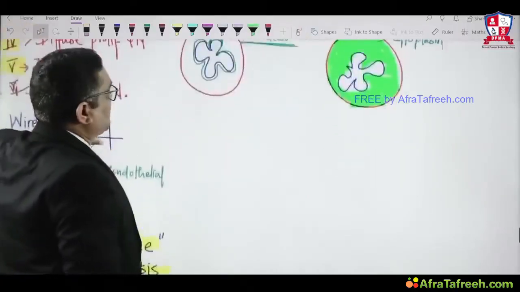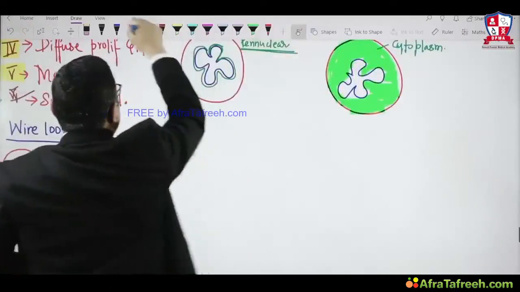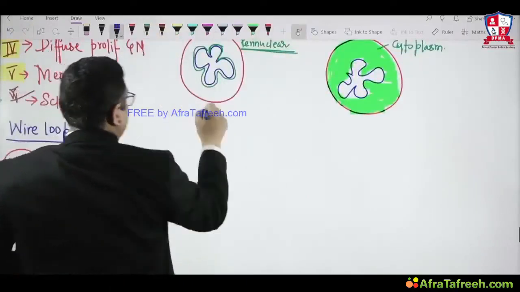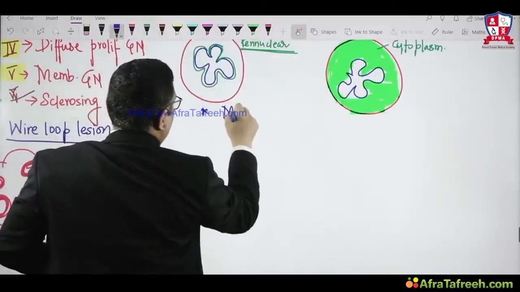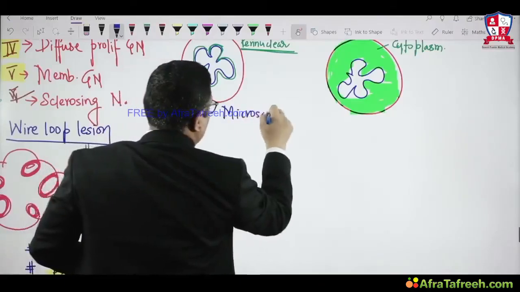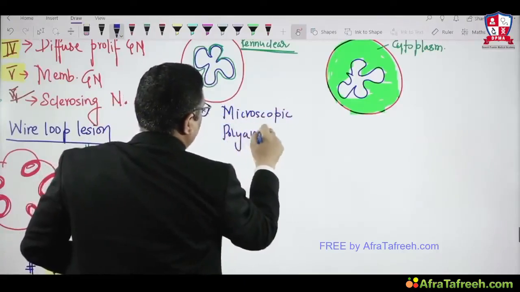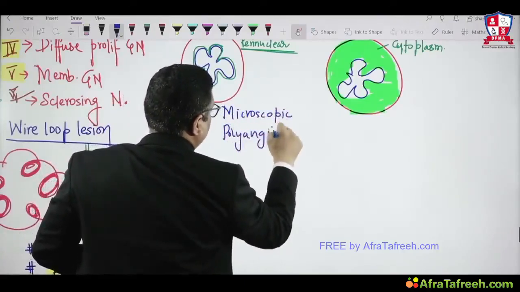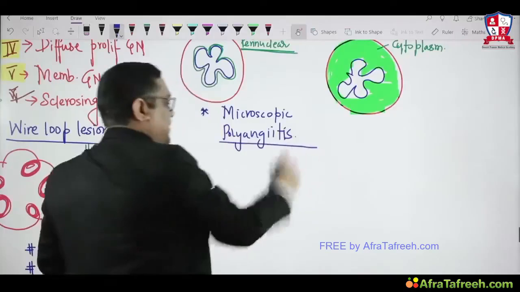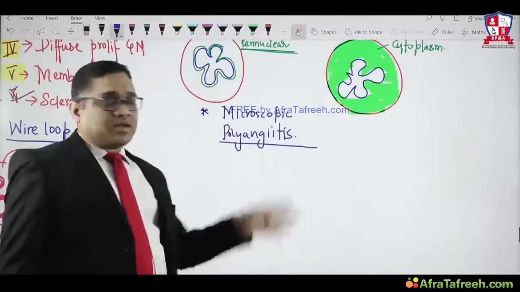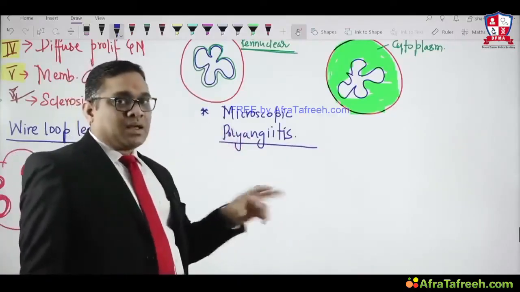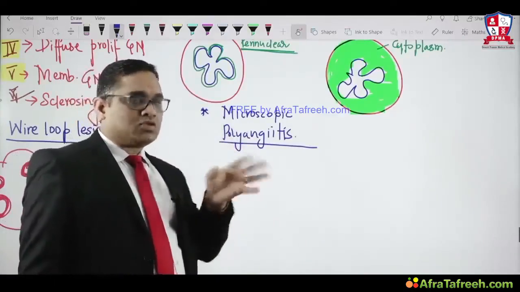And P ANCA will be present in which vasculitis? P ANCA will be present in microscopic polyangiitis, right? But we have to understand, it is also called microscopic PAN. PAN and microscopic PAN are different.